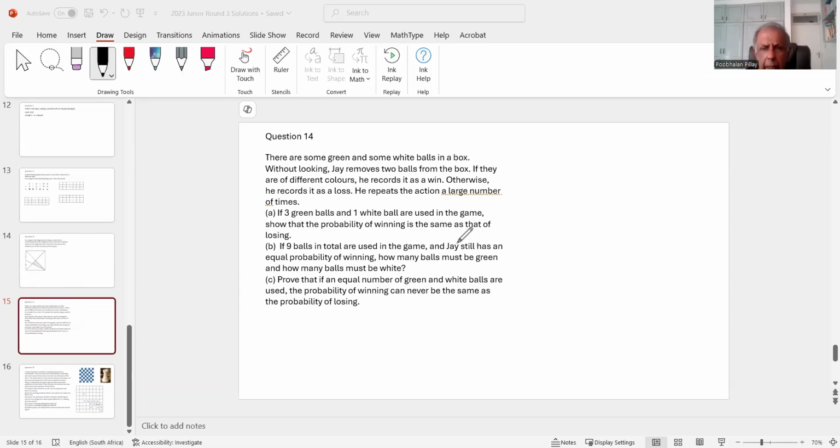Now I've got 9 balls. They use them in this game, and J still has an equal probability of winning. I've got 9 altogether in this box, but I don't know how many are green and how many are white.